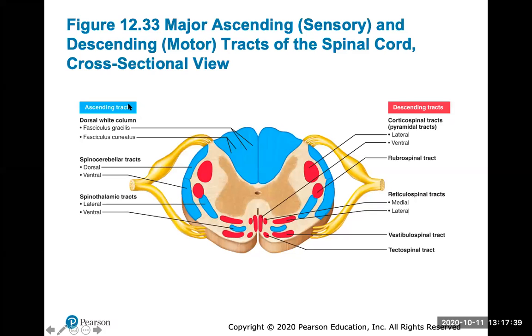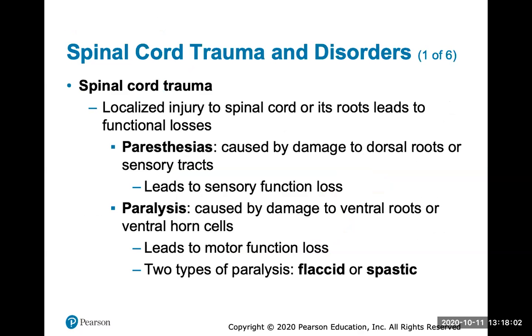So usually ascending tracts are all located in the dorsal white column. Ascending tracts take information to the brain, and descending tracts bring information from the brain back down to the spinal cord level it needs to get to. So ascending tracts are all in blue, descending tracts are all in red. That gives you where these tracts are located.